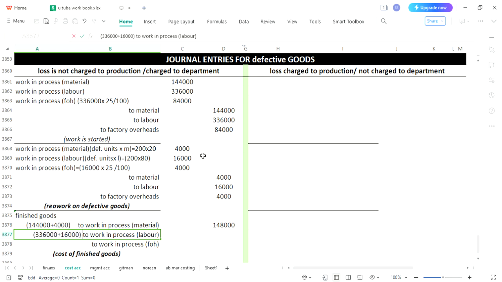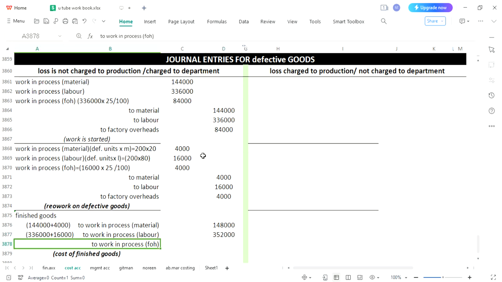So in this way you have made the statement for the second amount. Statement completed. Now let's put it on our calculator: 336,000 and add 16,000. In this way our second amount has also been calculated.